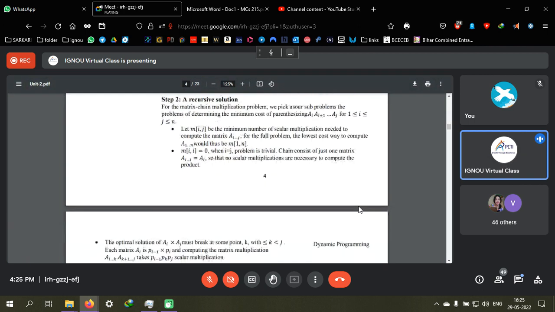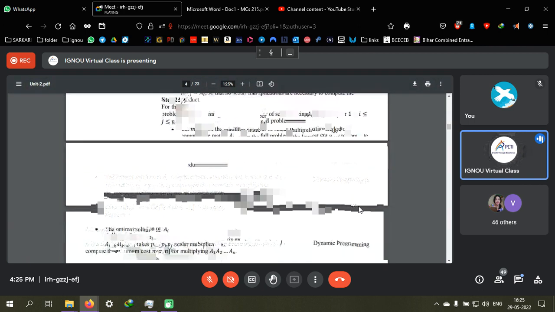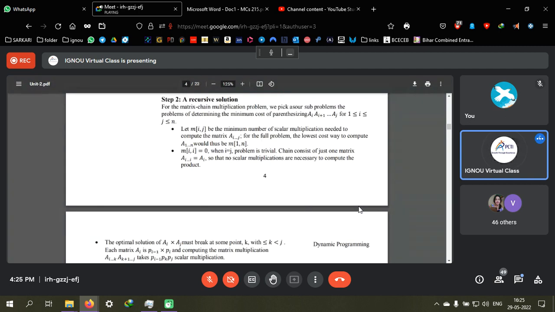Then we have to find a recursive solution. How can we find the recursive solution? If we are working on a matrix chain multiplication problem, we have to pick the sub-problems first. Right? We always have Ai+1 to Aj dimension matrices. For example, A1, A2, A3, A4 and so on.